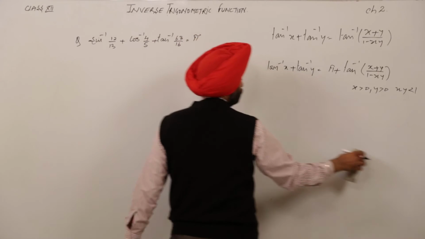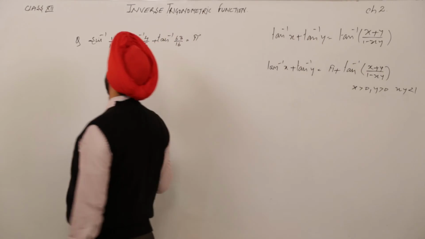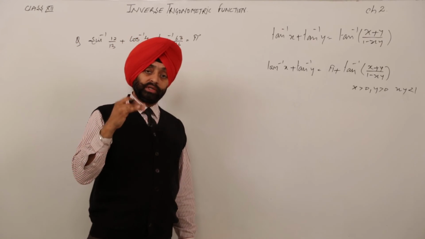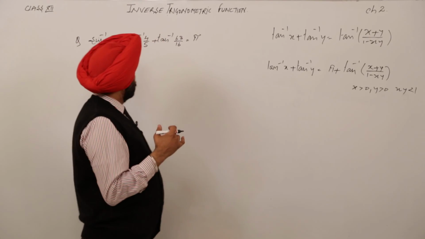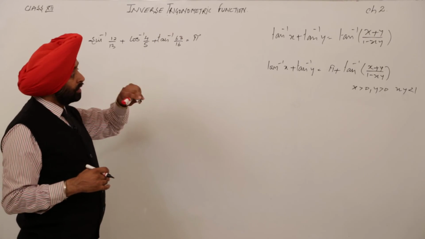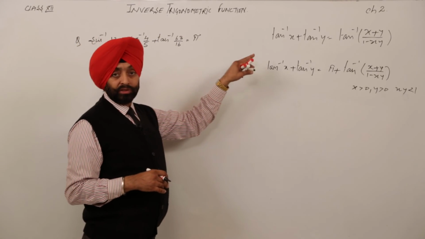Last time when we solved the question, I converted sin inverse 12 by 13 into tan inverse, similarly cos into tan, and then I used this property. Now let's check whether this property is required or not.